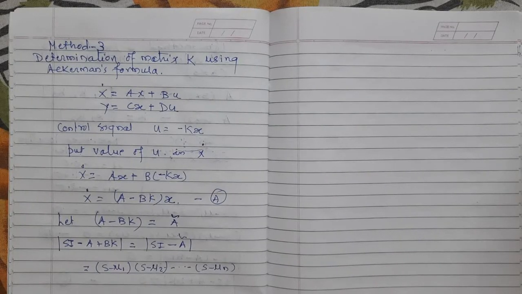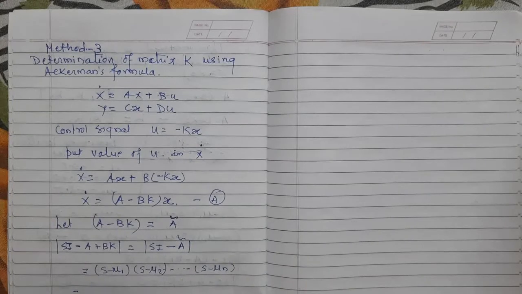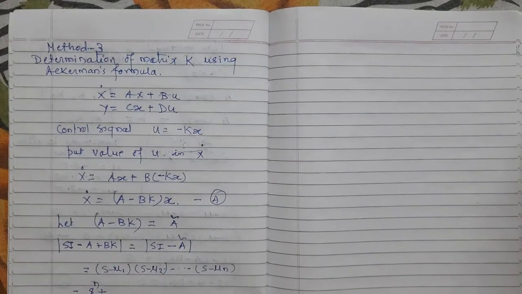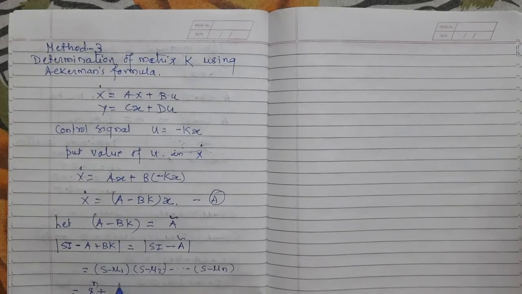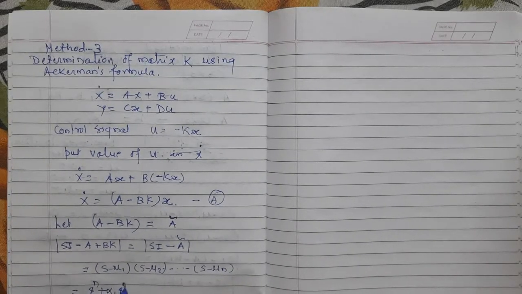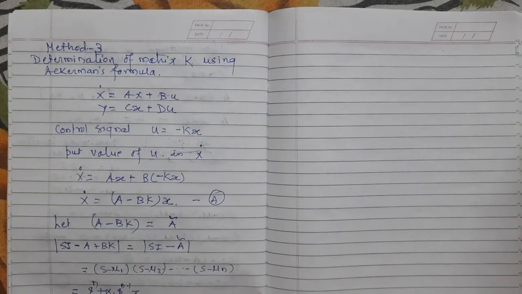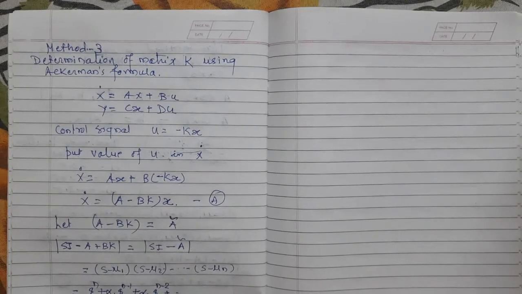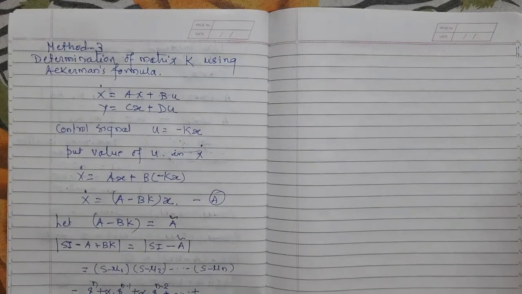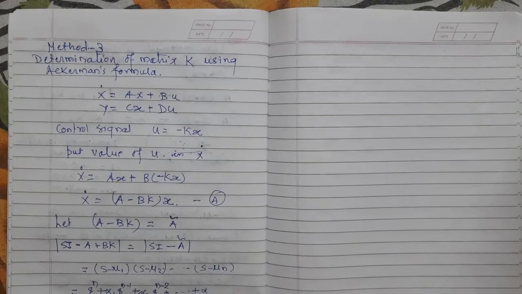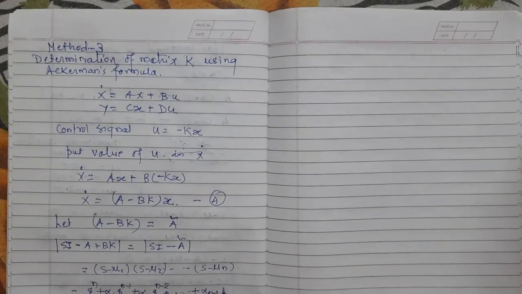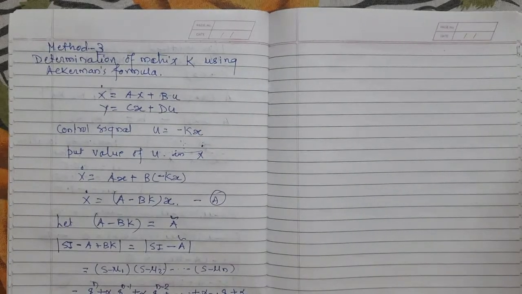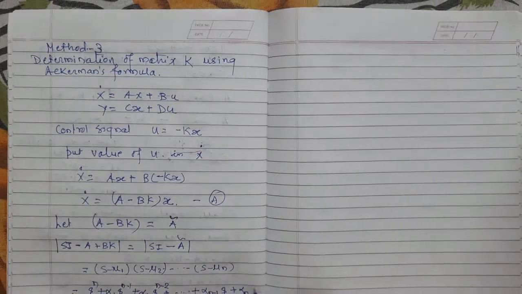It is equal to s raised to n plus alpha 1 s raised to n minus 1 plus alpha 2 s raised to n minus 2 plus, let us say, alpha n minus 1 into s plus alpha n, equal to 0.